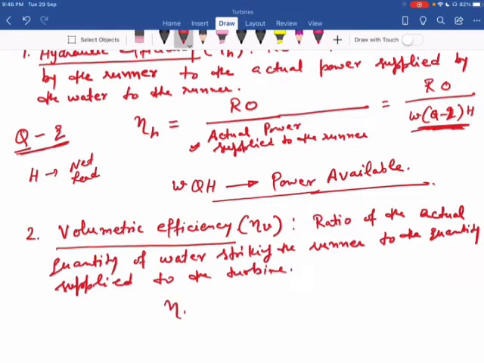So you can write eta V as (Q minus q) divided by capital Q.